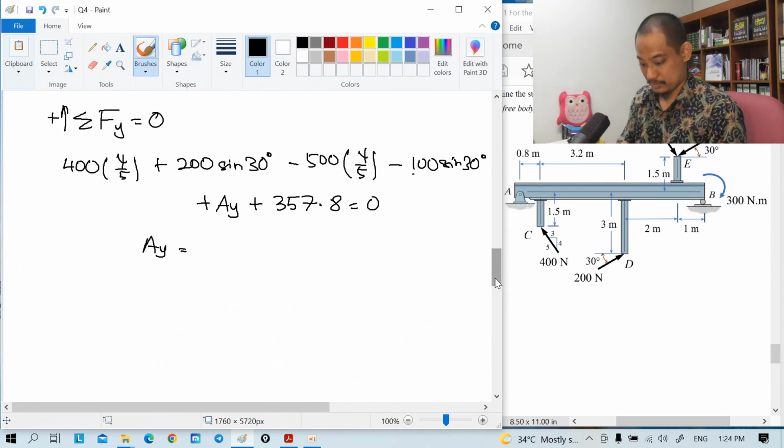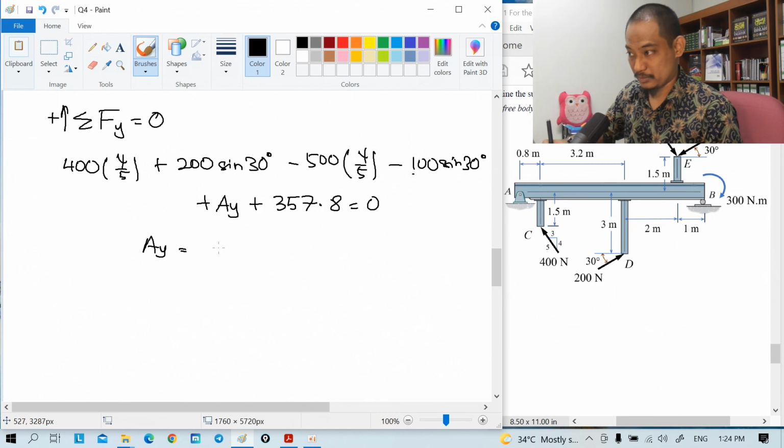Okay, subhanallah, 400 times 4 over 5 plus 200 times sine 30 degrees minus 500 times 4 over 5 minus 100 times sine 30 degrees plus 357.8. Subhanallah.